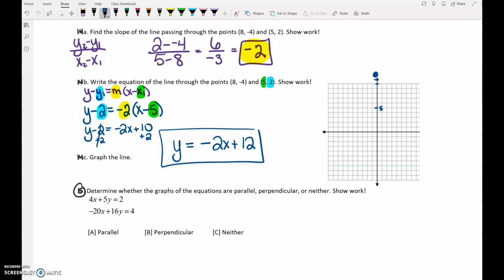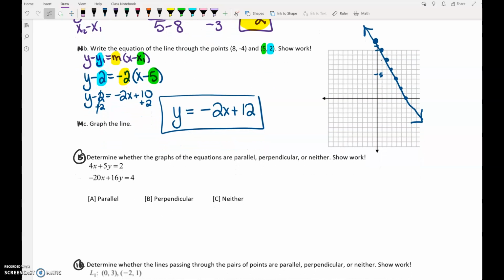That's our y-intercept. And then we go down to right 1, down to right 1, and so on to get our line. On the test, I'll make sure that the y-intercept isn't off the graph so that it's easier to graph.